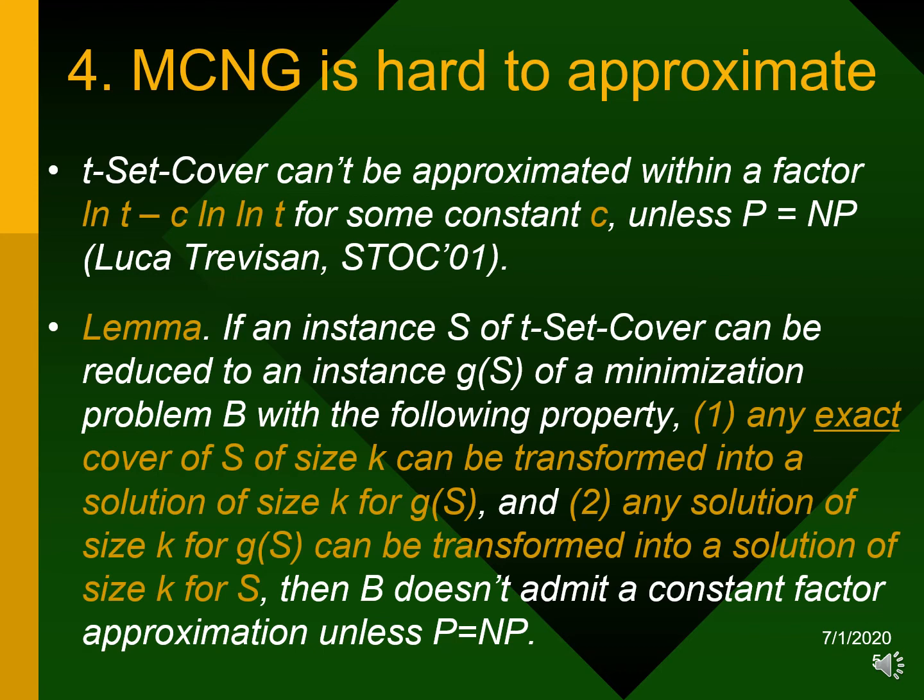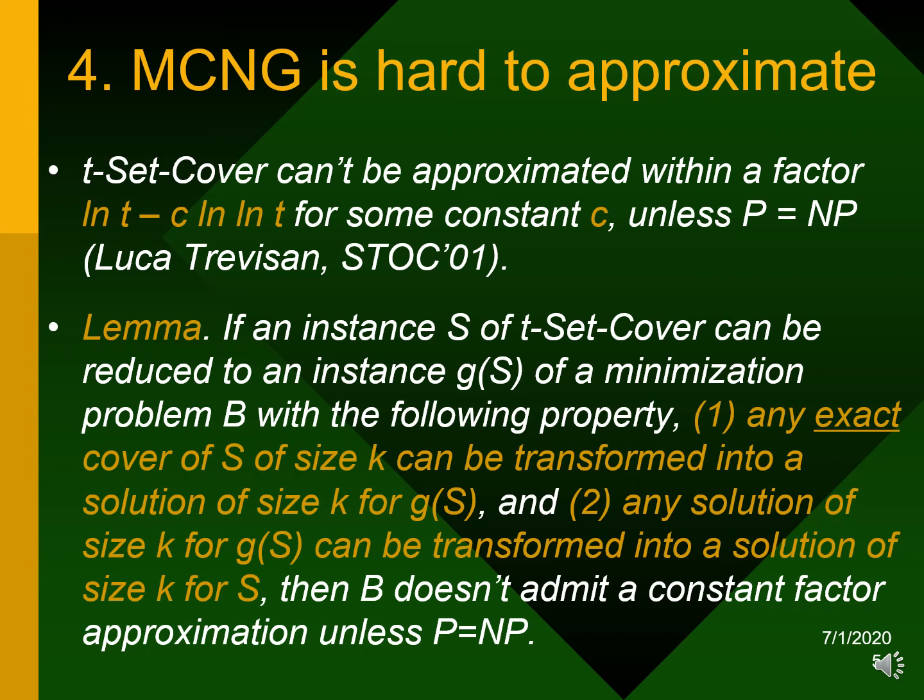Any exact cover of size K for S, an instance of T-set cover, can be transformed into a solution of size K for the converted instance of problem B, in this case MCNG, and any solution of size K for that instance can be transformed back into a solution for the T-set cover instance.